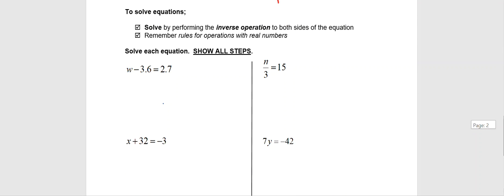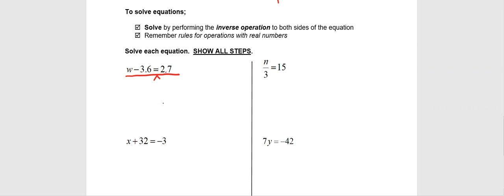Now, it's important that I stress that what you do when you perform an operation to an equation, you perform it to both sides because an equation is essentially a scale. So if you think about this being a scale right here, there's a balancing point called a fulcrum, and the equation sign acts as that fulcrum. So right now, this equation of w minus 3.6 is perfectly in balance with its solution of 2.7.